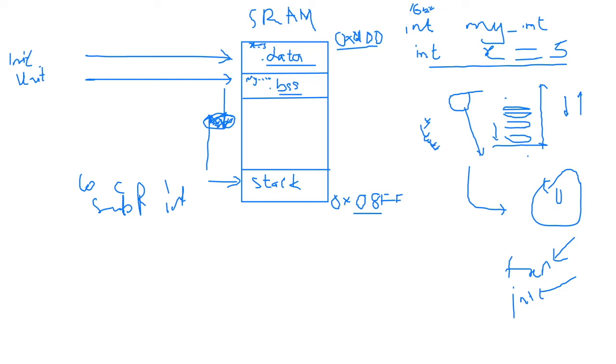Now I've skipped one step: between the stack and the BSS we have the heap. The heap is for dynamic allocation of memory.